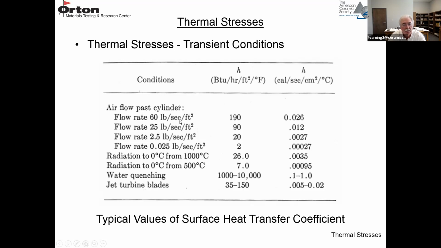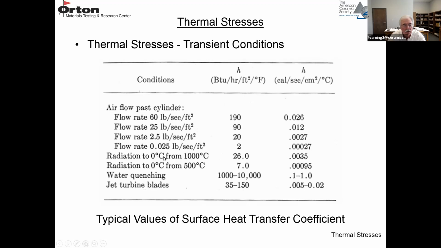So at 60 pounds per second per foot squared, and there's 2 units here. One's based on BTUs, one's based on calories. Let's just look at this one. It's 190. As you decrease the flow rate to 25 is 90, to 2.5 is 20, and to 0.025 is 2.